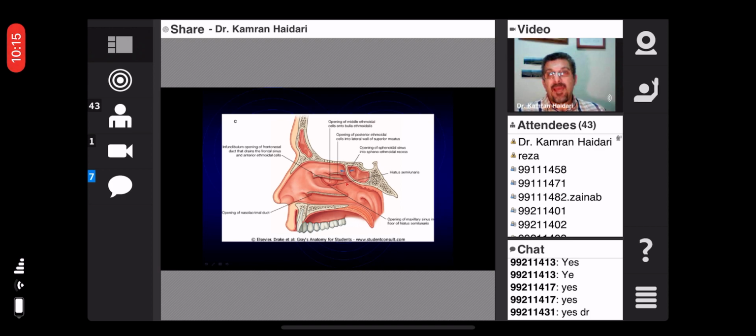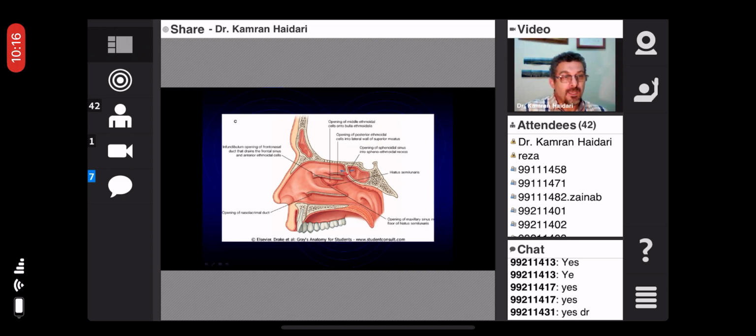The passage and a part of the nasal cavity, we say sphenoethmoidal recess.